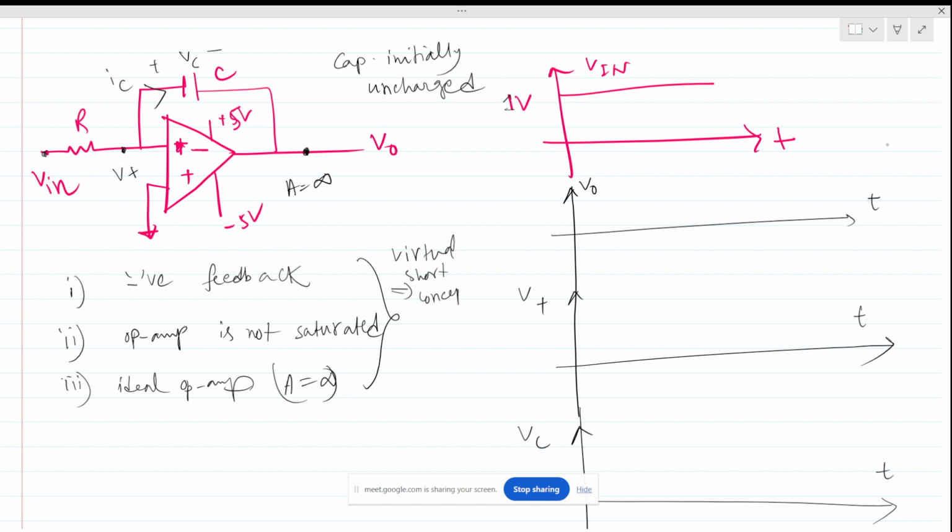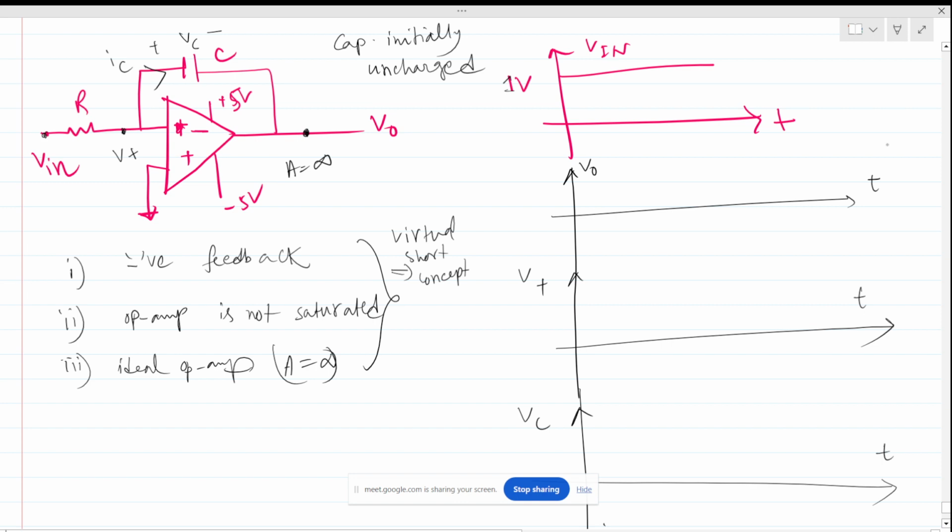The virtual short concept can be applied if these three things are met simultaneously, at the same time. So here in this case, the feedback is negative, the op amp is not saturated, and the op amp is ideal. So we can directly use the virtual short concept.